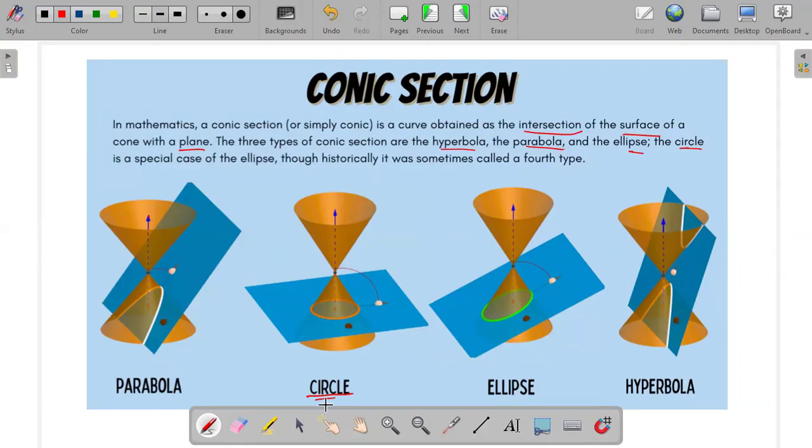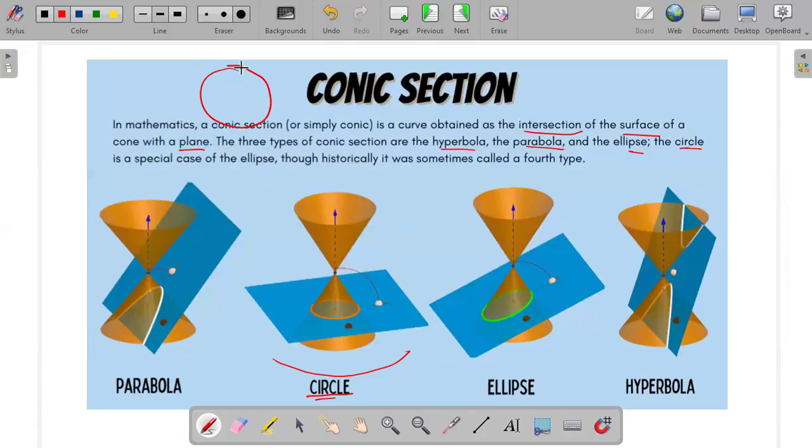So what is a circle? Before I look at the formal definition of what a circle is, we'll look at it from this diagram. From the diagram, our circle is just this round curve that is formed. A circle, of course, you know, just looks like that.